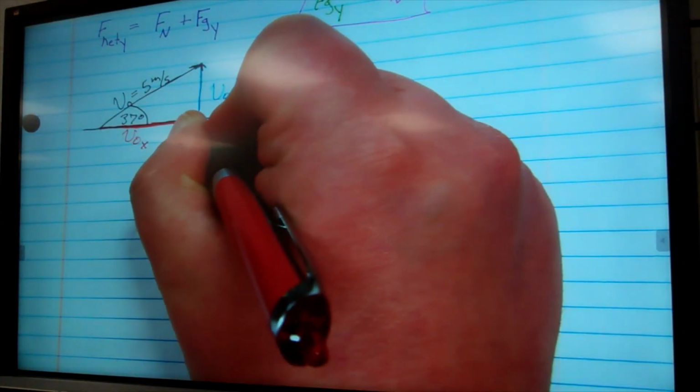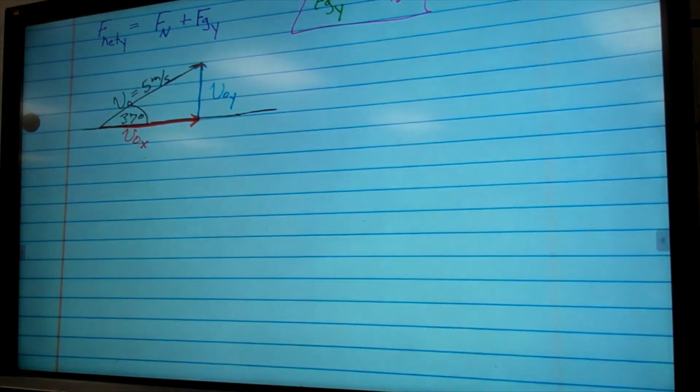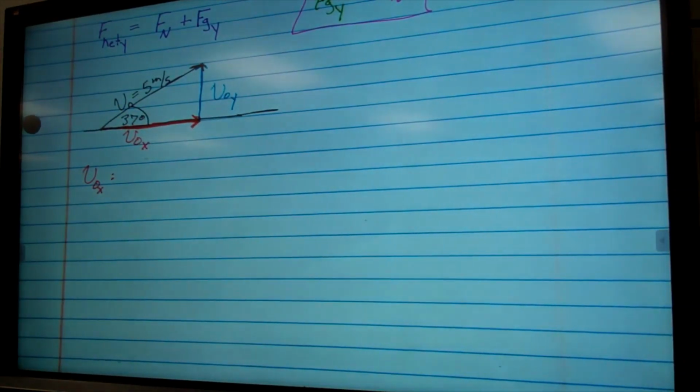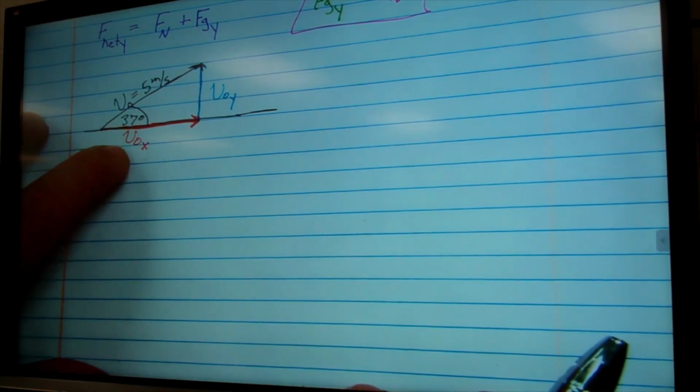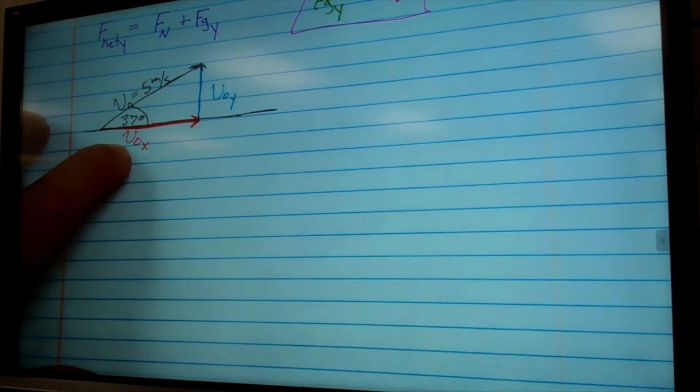So now we can find some information out. For example, we could find the initial velocity in the x direction. Whenever we look at this, I'm trying to find this. In terms of this angle, that's the adjacent side. So which trig function uses the adjacent side? Cosine.